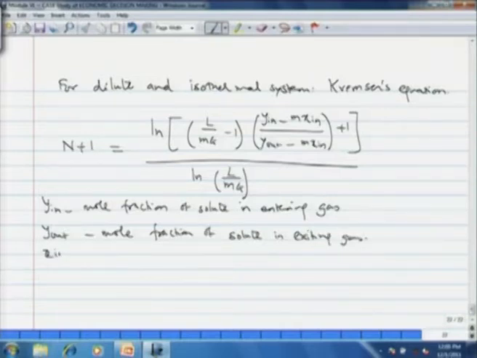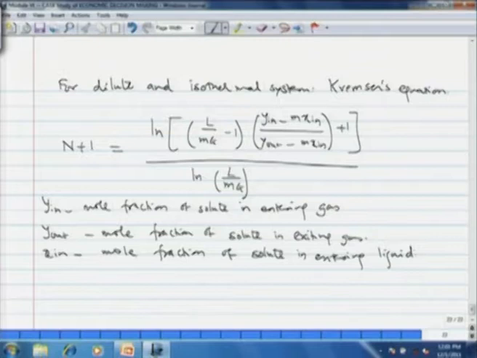X in is the mole fraction of solute, that is acetone in the present case, in entering liquid. Liquid entering the actual absorption column, okay, and M is the VLE constant or equilibrium constant.